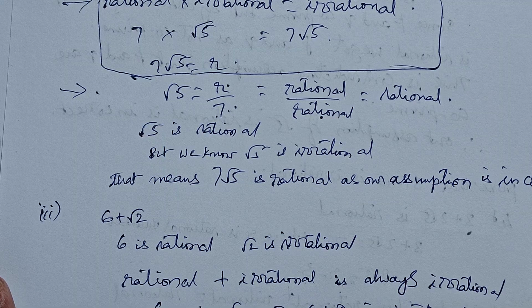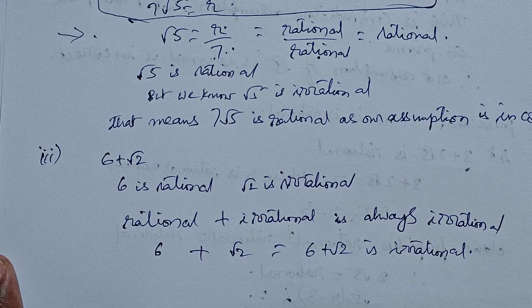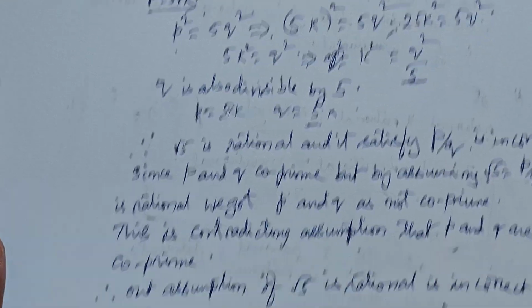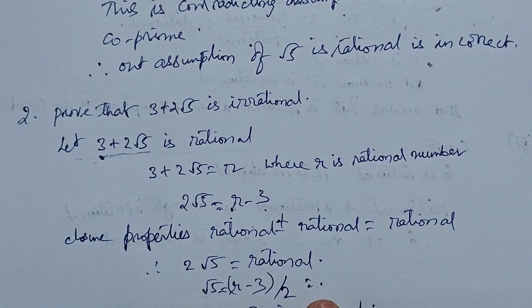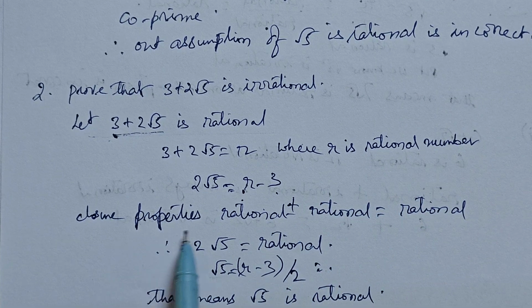In case you want to prove it by the contradictory method, we have already seen the first problem, right? So we can compare with that one, like prove that 3 plus 2 root 5 is irrational. This uses the closure properties.